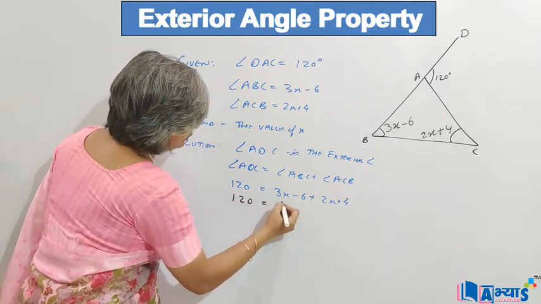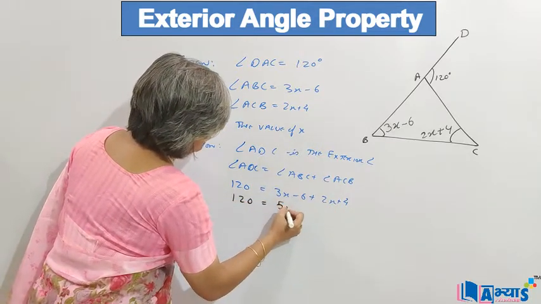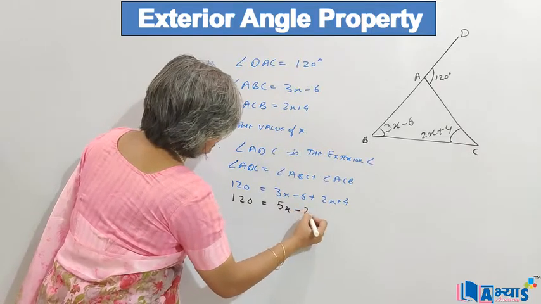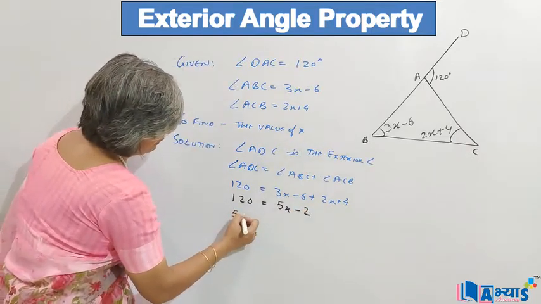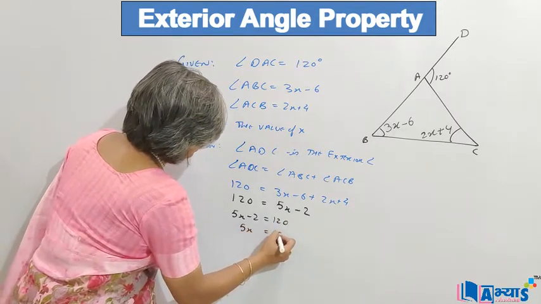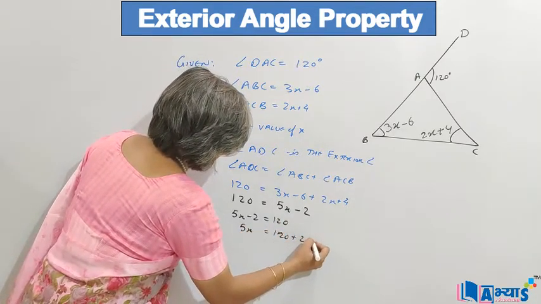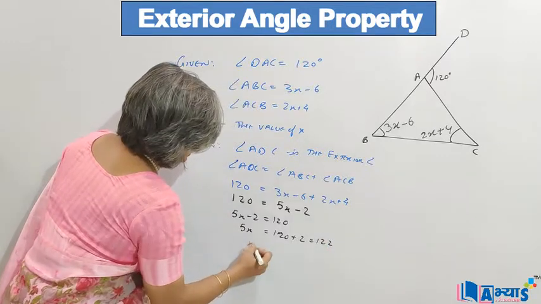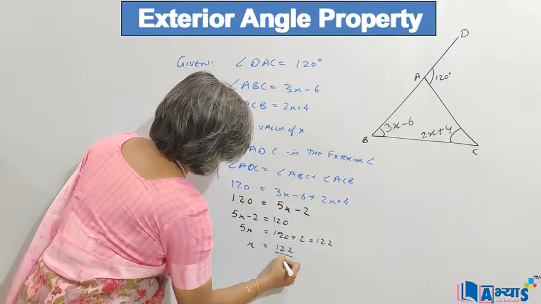120 is equal to 3x plus 2x, which is 5x, and minus 6 plus 4, which is minus 2. So 5x minus 2 is equal to 120. 5x will be equal to 120 plus 2, that means 122, or x is equal to 122 upon 5.